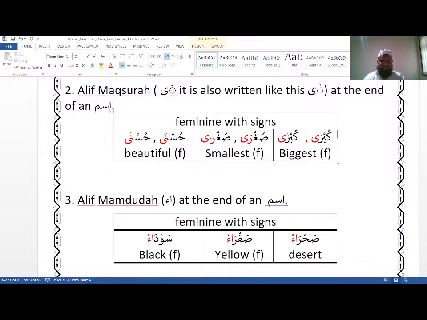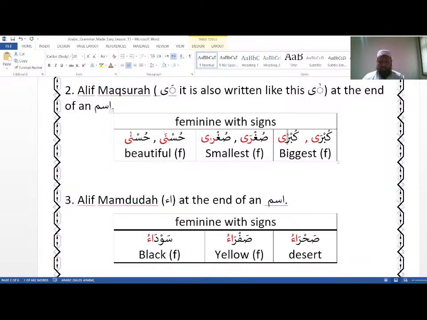I don't know if you have noticed something here. In the beginning of the lessons, we learned that the default of every ism is to have dhammatayn, tanween. These words we can understand: kubra, because there's alif maksura, obviously they're not going to have tanween.